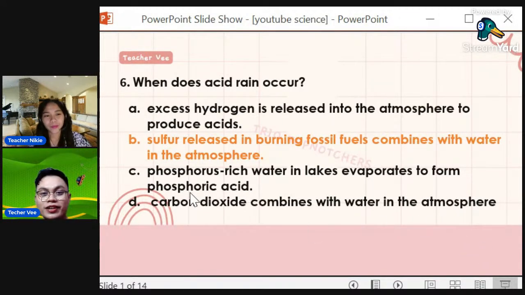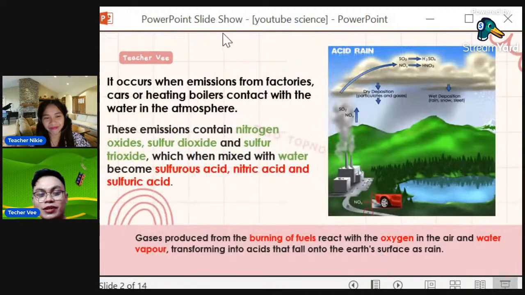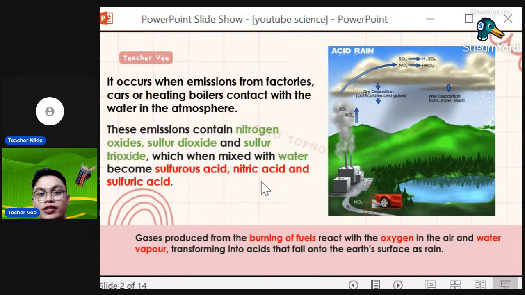Okay? So, ano yung tatandaan natin kapag acid rain? Okay? So, ito yan, no? It occurs when emissions from factories, cars or heating boilers contact with the water in the atmosphere. Okay? So, lagi po ninyong tatandaan na ano yung dalawang primary causes of acid rain.